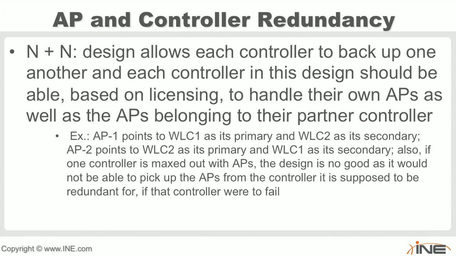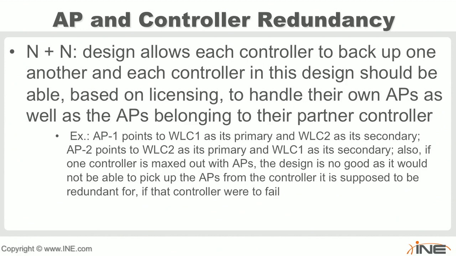We also have the idea of N+N. So WLC1 backs up WLC2, and WLC2 backs up WLC1. So WLC1 is primary, WLC2 is secondary, and then we also have APs associated to WLC2 as primary with WLC1 as the backup. Now, one of the things we need to keep in mind with this particular deployment is that we need to make sure that each WLC has the proper licensing to be able to handle not only their own normally registered APs, but also the APs belonging to their partner controller in case that controller would fail.